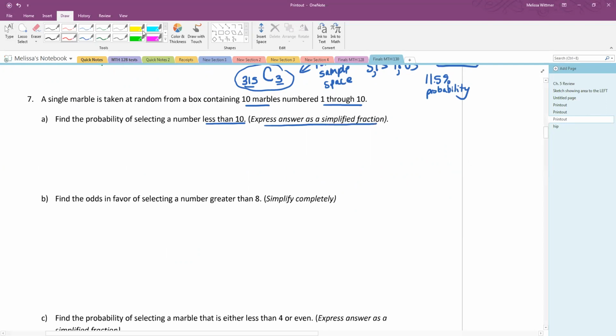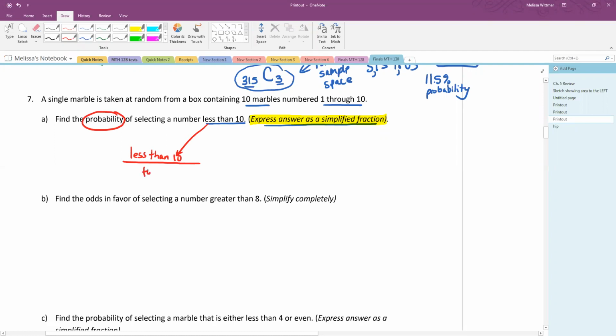So please read the instructions on your test because it will tell you how to do your answers. Probability means I need to make a fraction, and on the top is the number of ways to get less than 10, so it's that specific event.